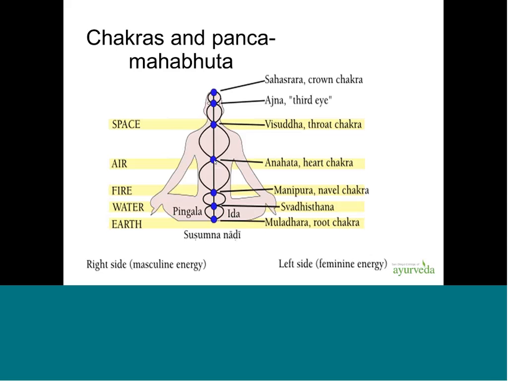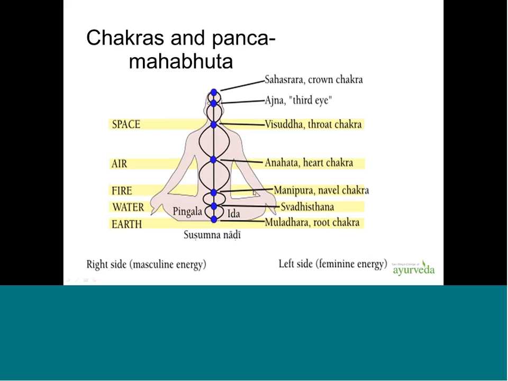Then the Vishuddha chakra, the throat chakra, is associated with space, with emotion, with communication. Sometimes when we feel some very intense emotion, especially intense grief, we feel a tightness in our throat. We feel our throat closing up. It is being affected by very strong emotion.